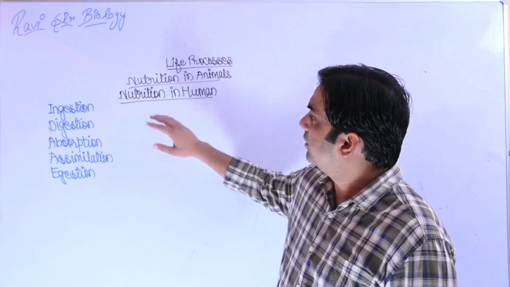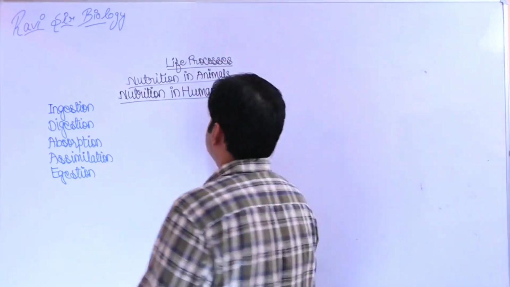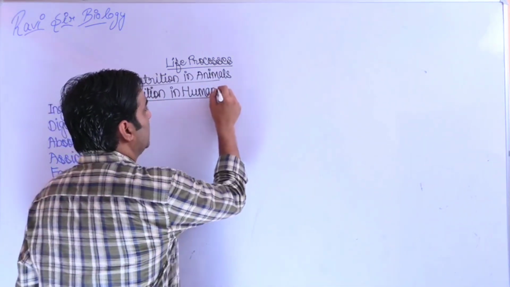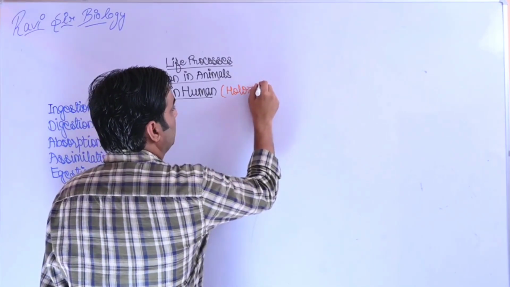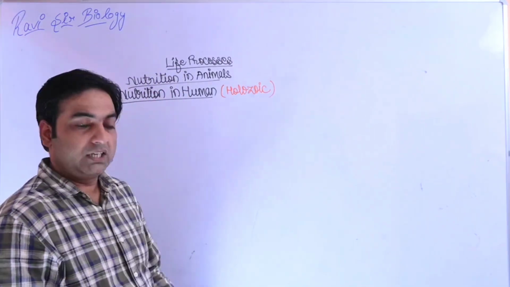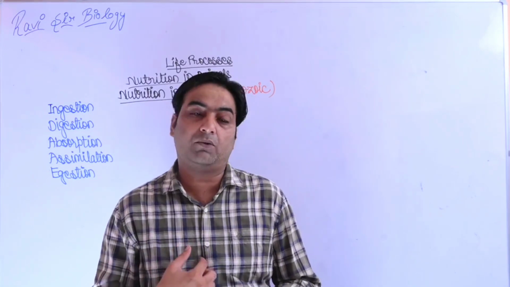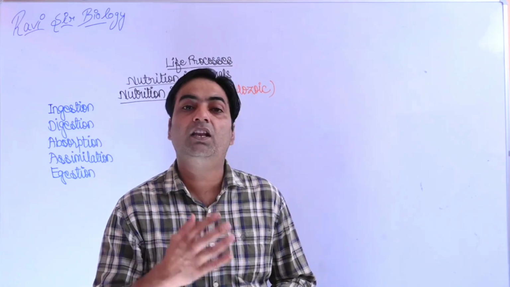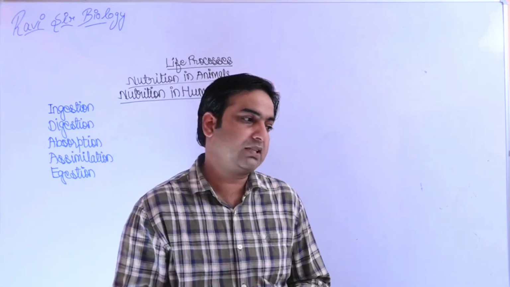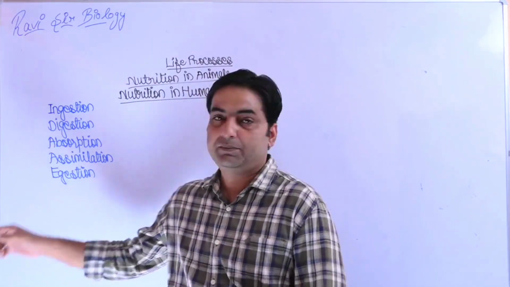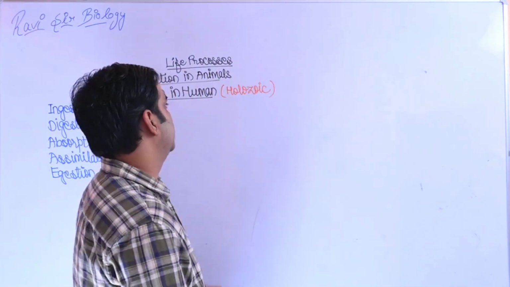So let me tell you about this. Nutrition in a human is a type of heterotrophic nutrition, as you know, as well as holozoic. This shows holozoic nutrition, in which they take complex food material into their body, and the complex food material is broken down into simpler substances, and afterward all these steps take place and the animal can survive by performing nutrition.